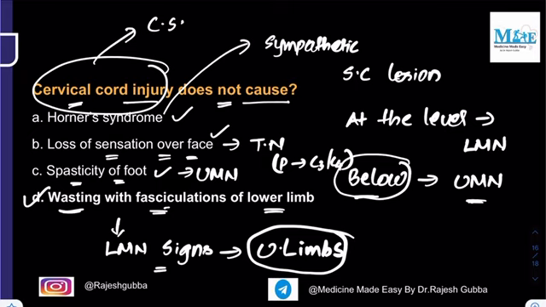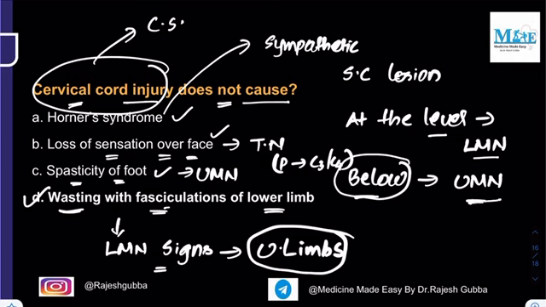Today's questions are mostly based on the spinal cord. The concept is very, very important regarding the motor manifestations: at the level of lesion in the spinal cord, it will be an LMN sign, and below the level of lesion, it will be a UMN sign.